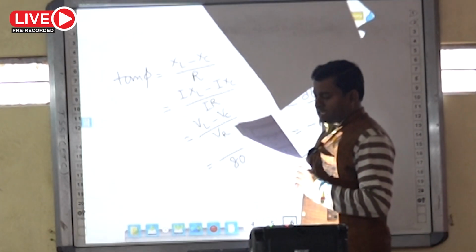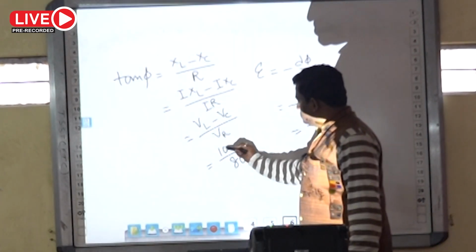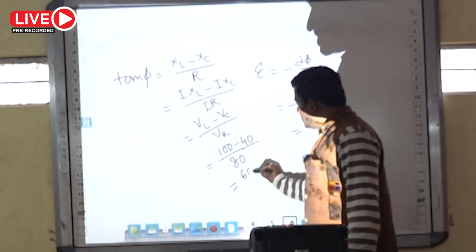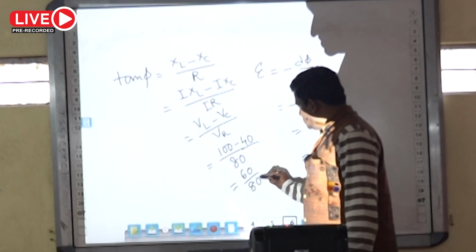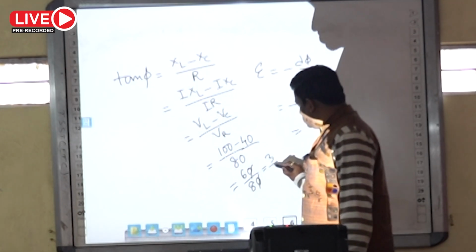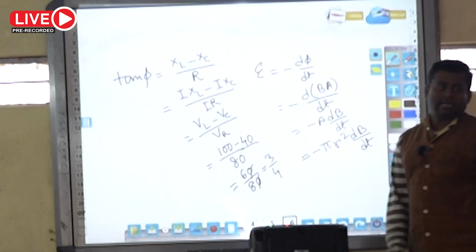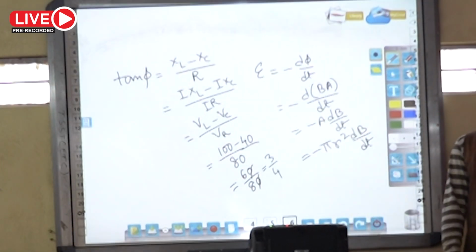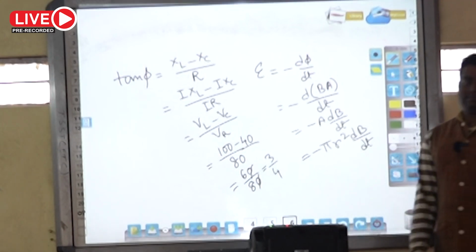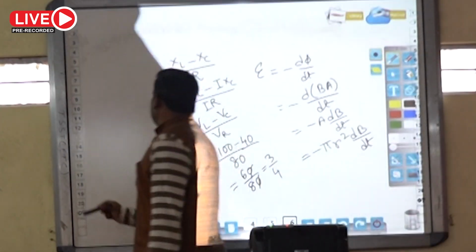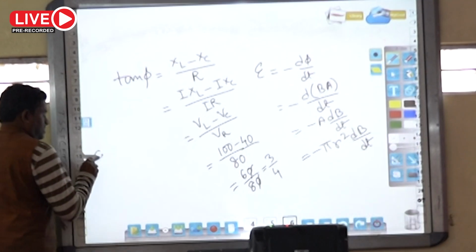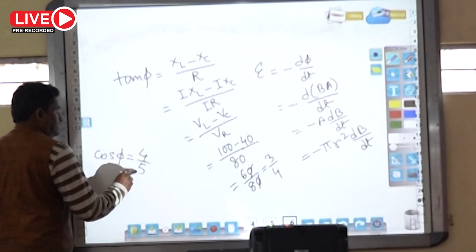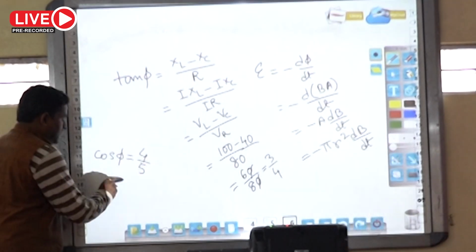Across capacitance and inductance 40 and 100, so this one 100, this one 40, so this is coming 60 by 80. 60 by 80 means 3 by 4. Tan phi is 3 by 4. Then find the value of cos phi. Cos phi will be 4 by 5 then. That is 0.8.